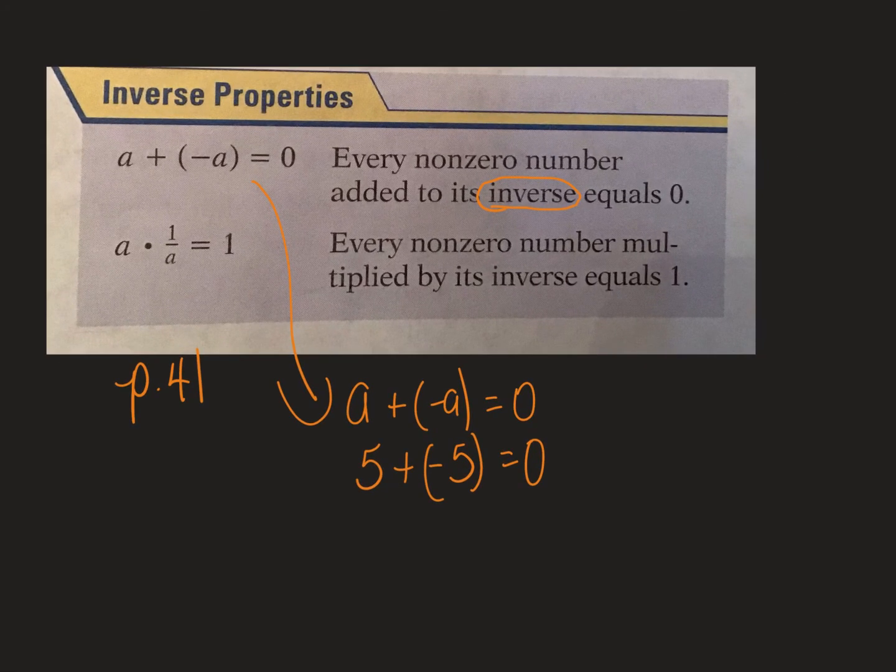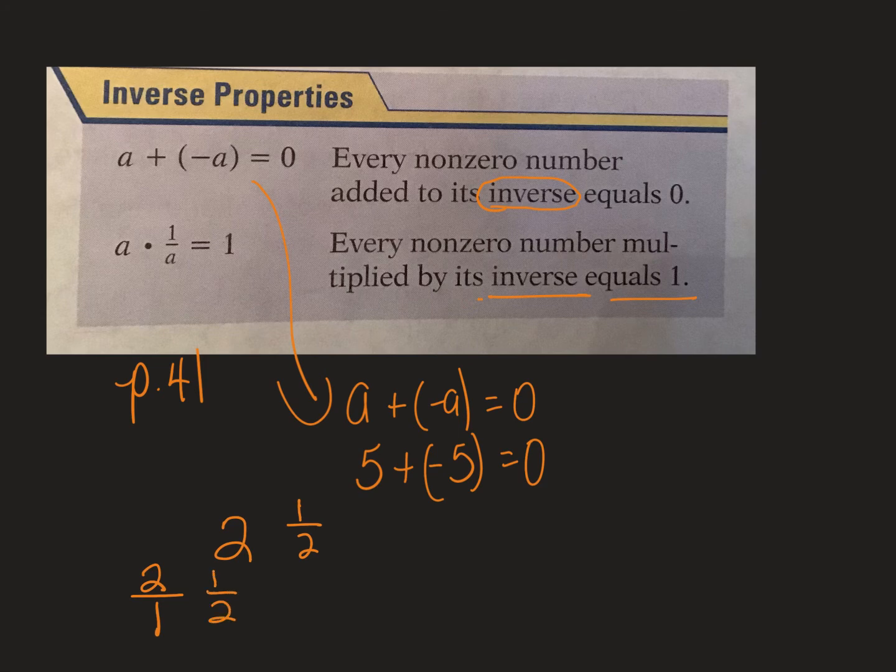The inverse property for multiplication guarantees that every non-zero number multiplied by its inverse equals 1. So when you're looking to identify the property and you see that it equals 1 because you're multiplying by its inverse, that's it. So what is the opposite of, let's just say, 2? The inverse of 2 is 1/2, because actually 2 is the same as 2 over 1, so the opposite of that is 1/2.